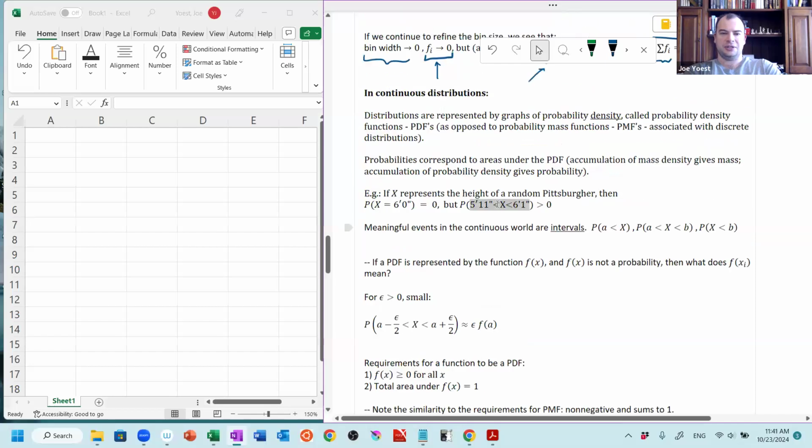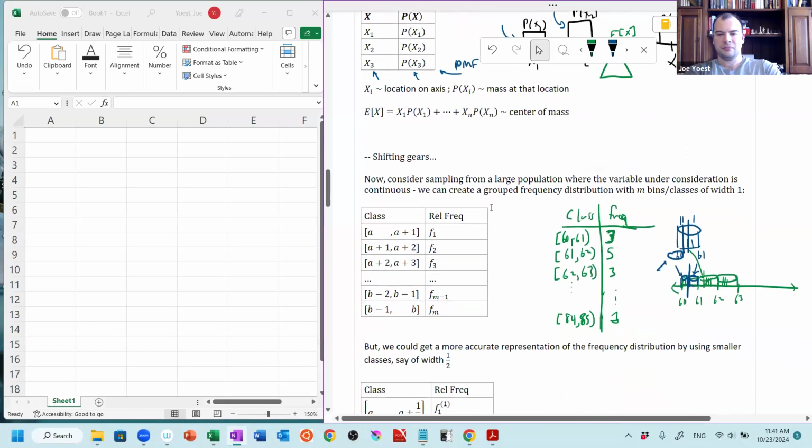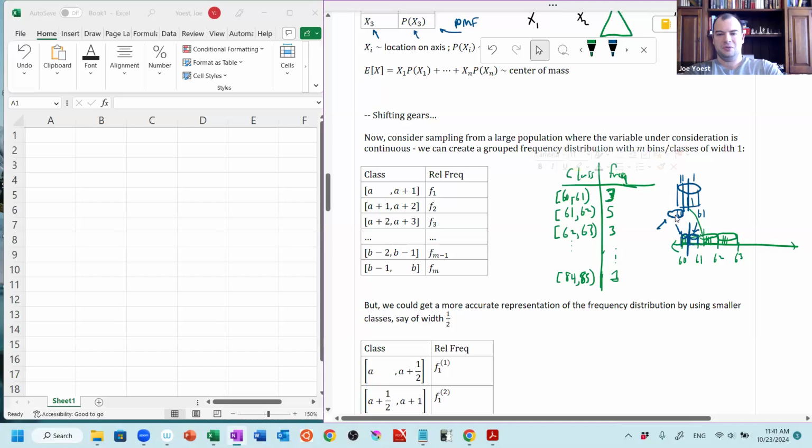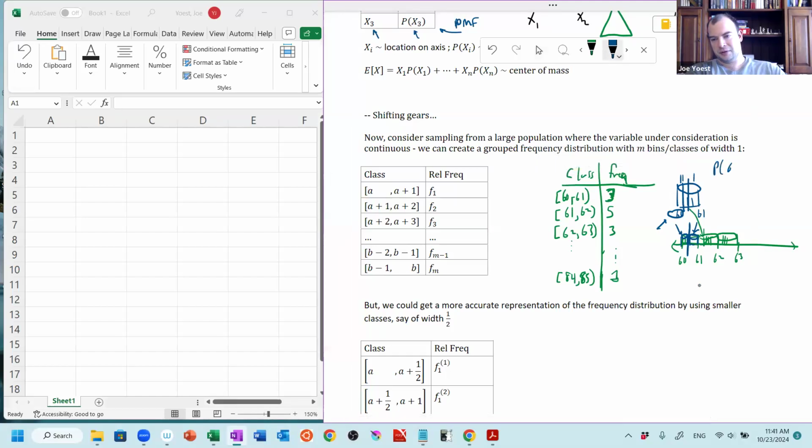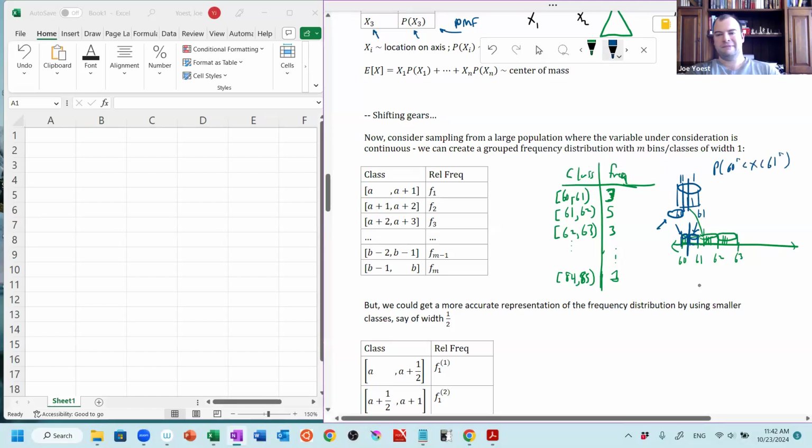However, a statement like the probability that we're between 60 and 61 inches, well, that's 3 outcomes out of n. That's 3 over n. Maybe I took a sample size of 100. That's 3%.